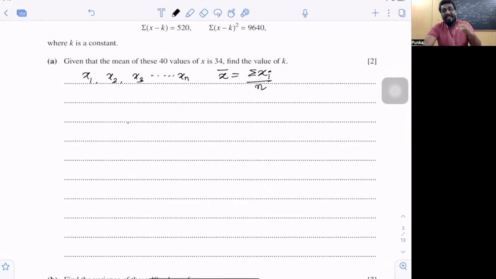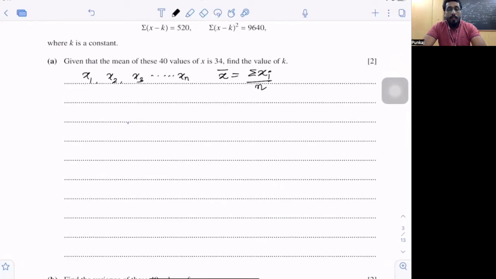Now, if you increase or decrease every individual observation by a certain amount, let that amount be k, so the mean also gets increased or decreased by the exact same amount.